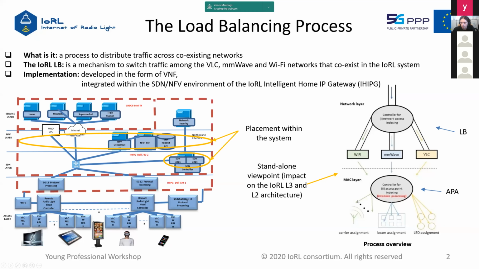Then a controller at the MAC layer has to again split the traffic in order to assign the user to a specific access point, either Wi-Fi, VLC, or millimeter wave.